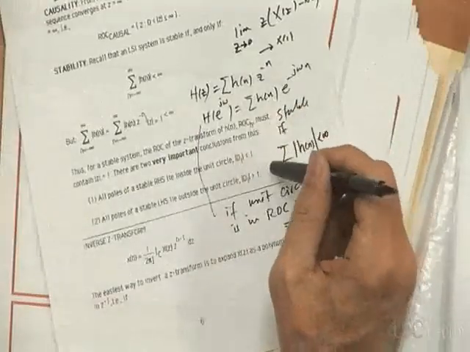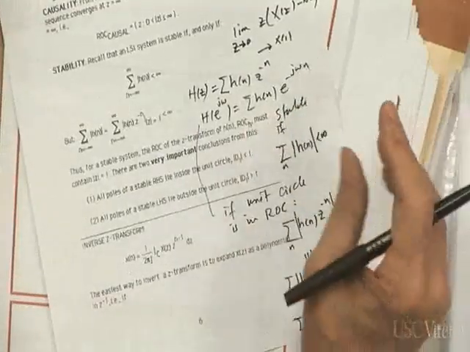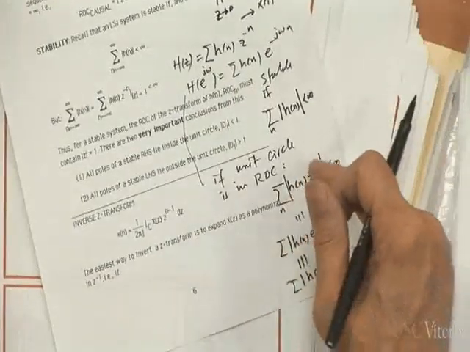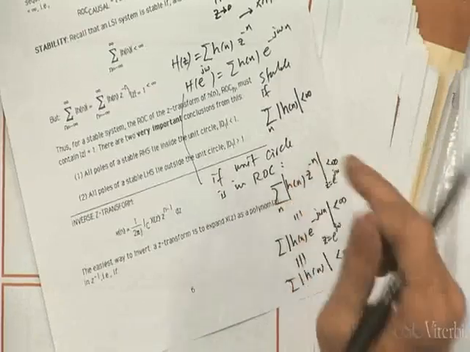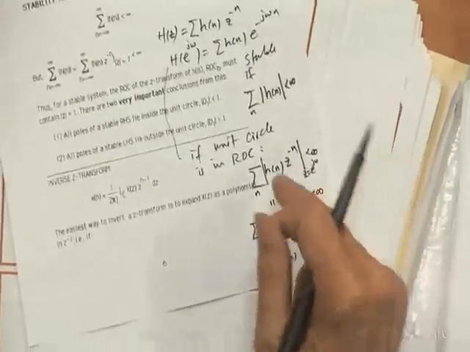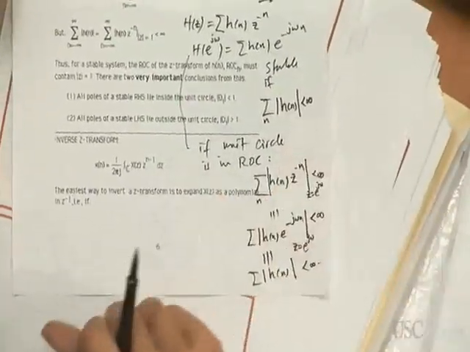Or if you have a linear shift invariant system, and you look at the z transform of the impulse response, and the region of convergence does not contain the unit circle, guess what? That system is not stable.